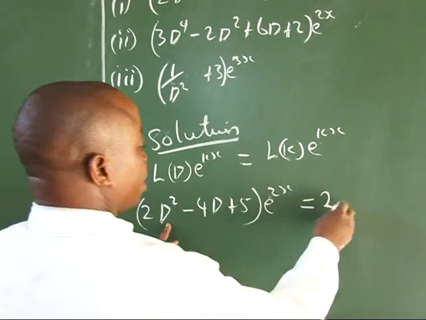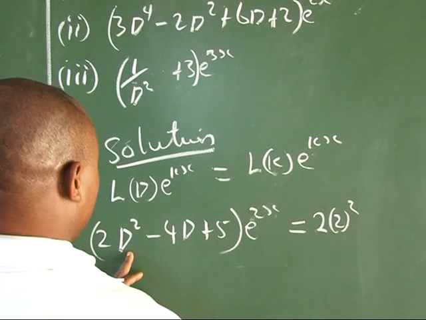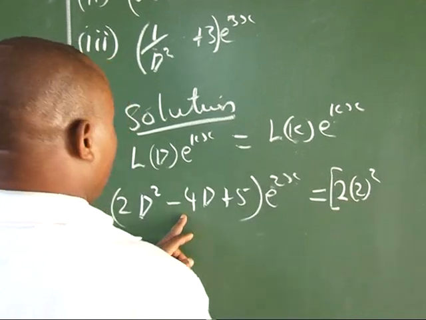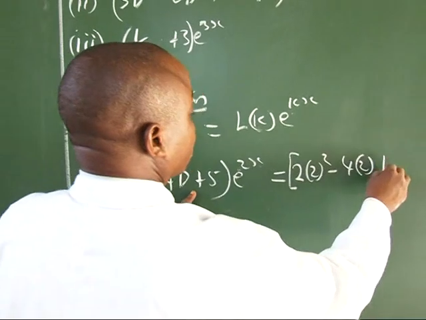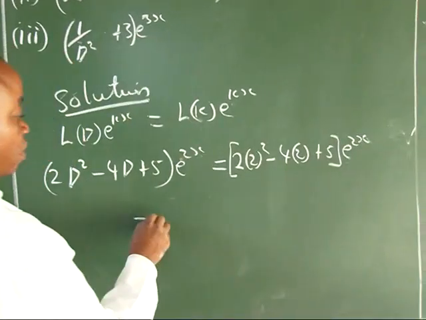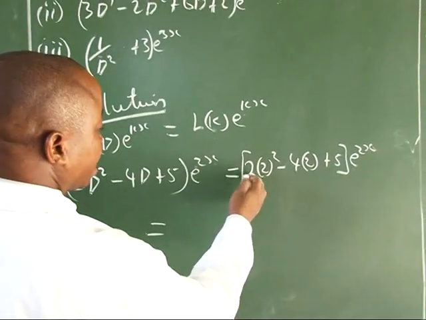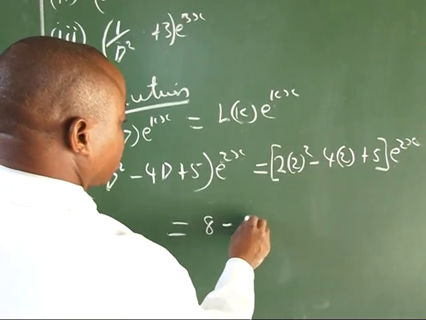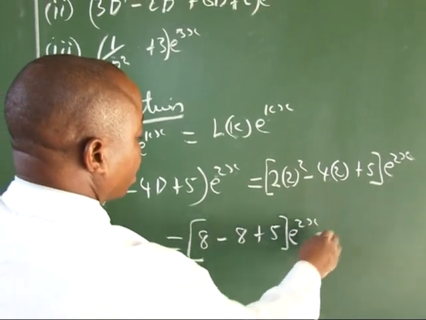So here we will have 2 times 2 squared, then we also have minus 4 times 2 plus 5, exponential 2x, which is the same as 8 minus 8 plus 5 exponential 2x.